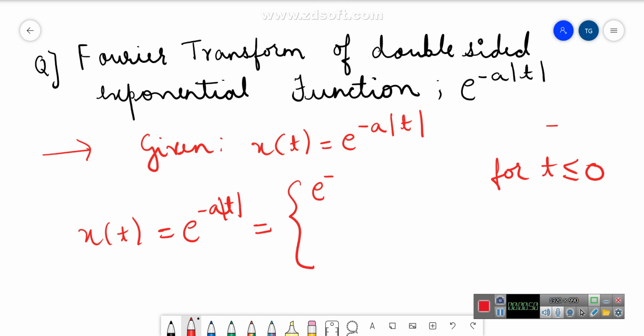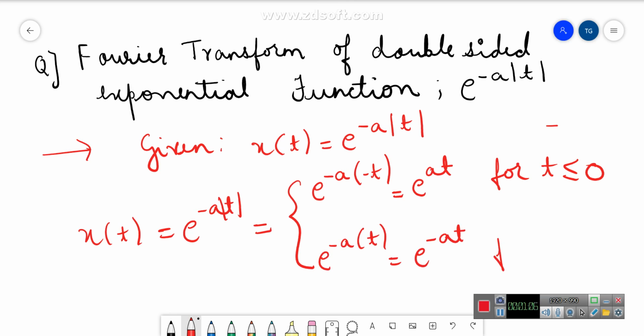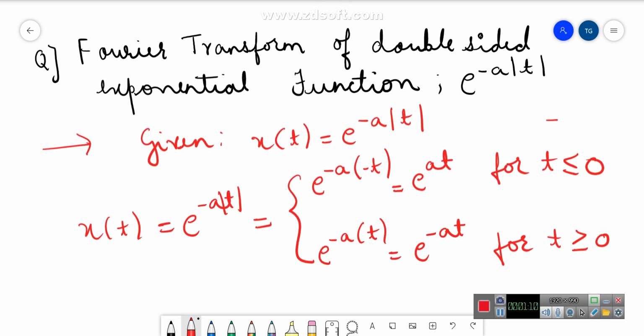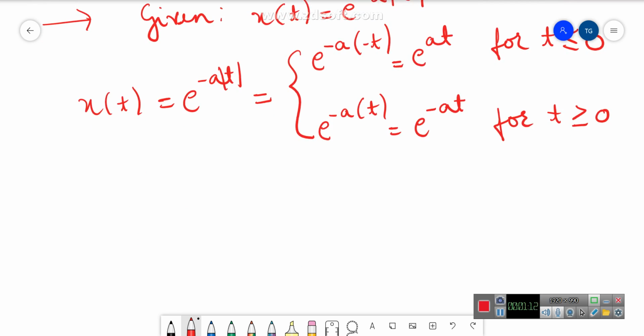So here it will become e to the power minus a minus t, so here it is e to the power a t, which is equal to e to the power minus a t for t greater than or equal to 0. So we have separated this exponential function into two forms for two different time values.